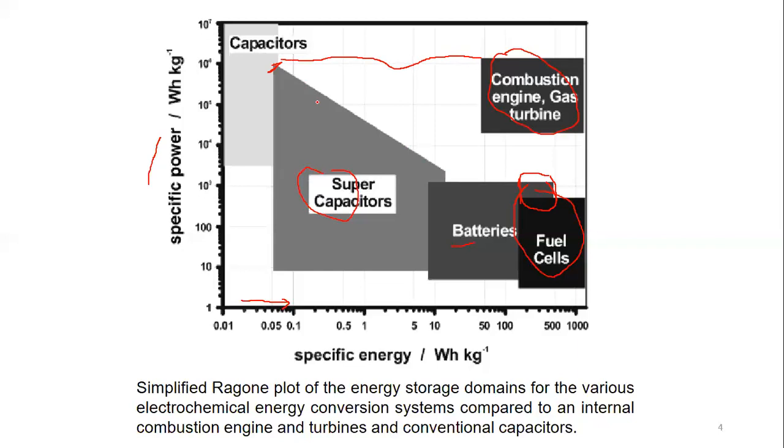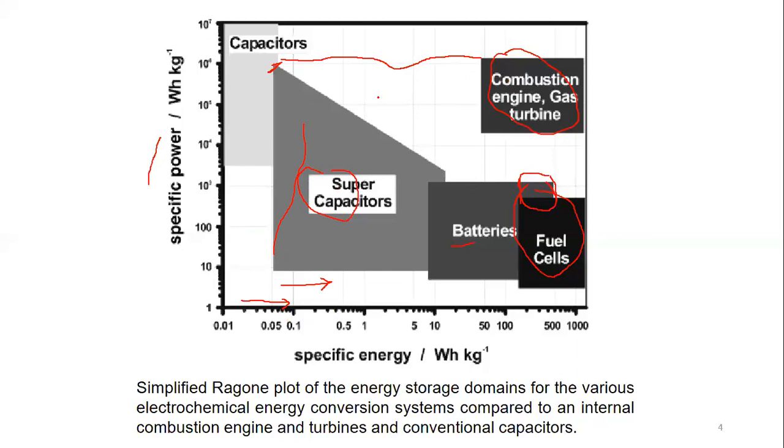So it's clear that for specific energy we come to this side, so we have the combustion engine, and for specific power, again we have the combustion engine. On one side we have the fuel cell, on the other side we have the supercapacitor.